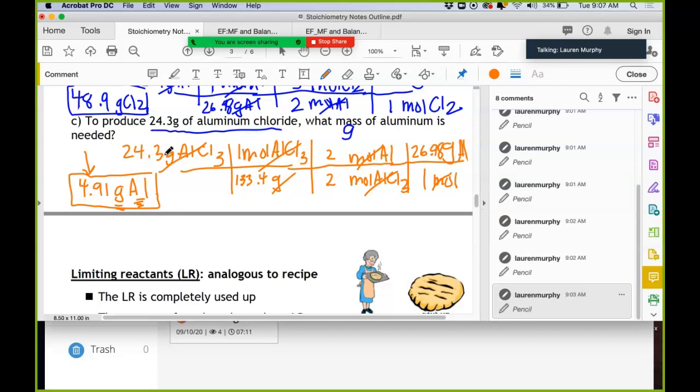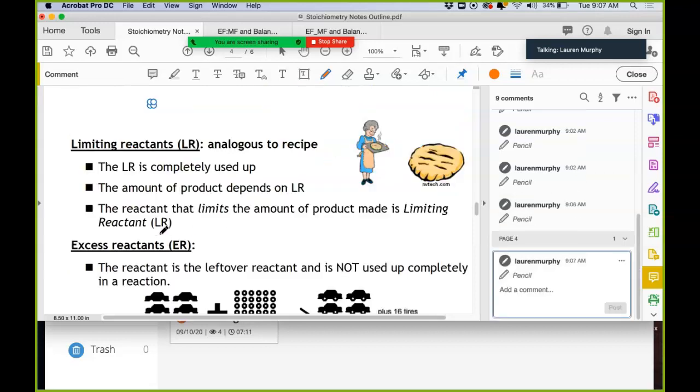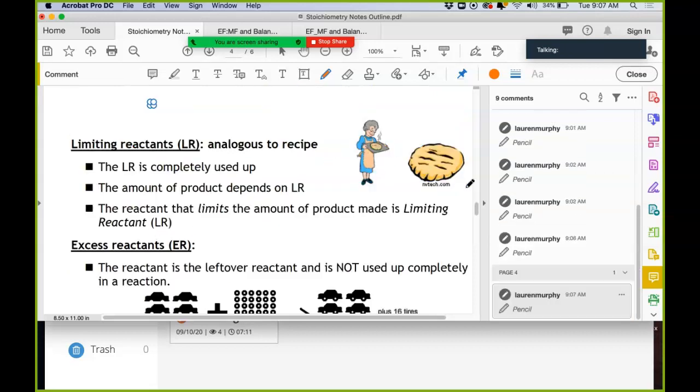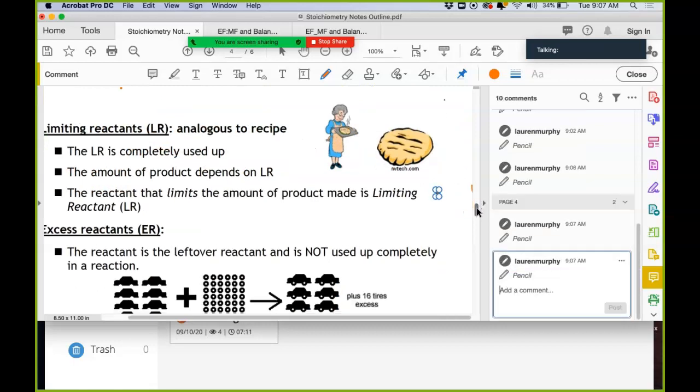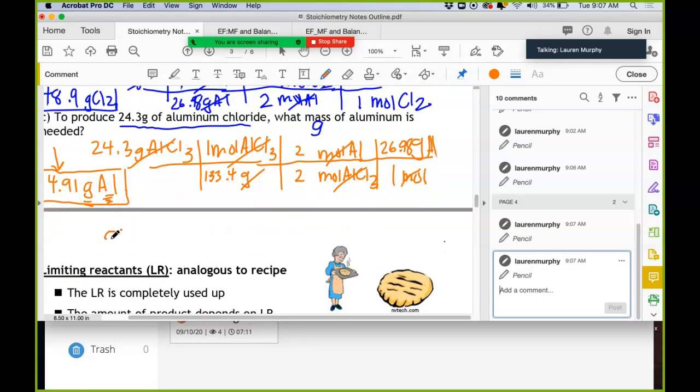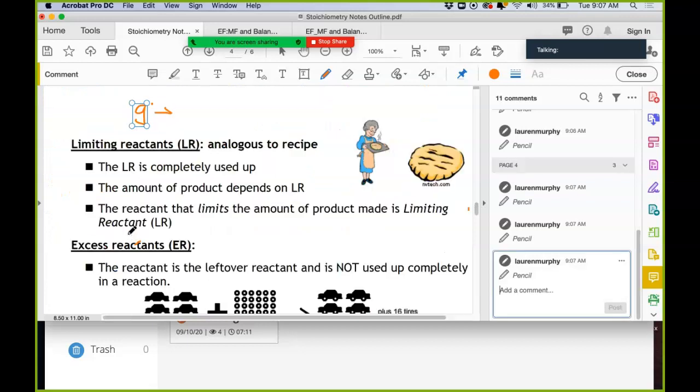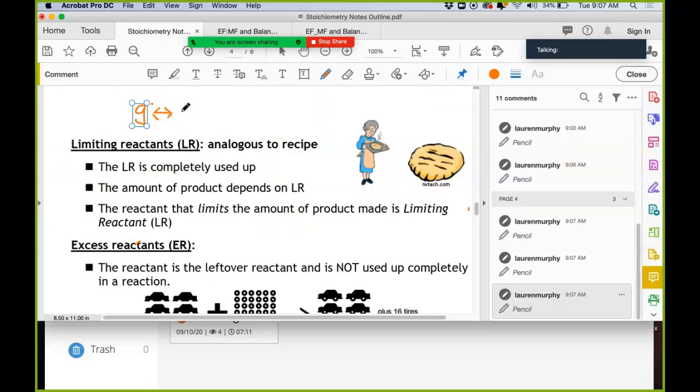So again, I'll repeat this. Grams to moles or moles to grams happens from the periodic table, molar mass.